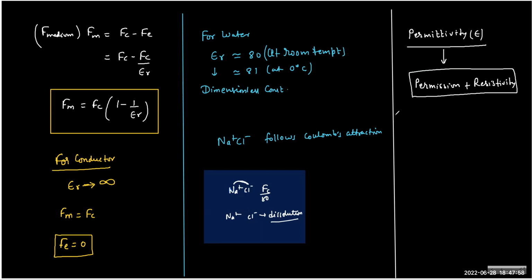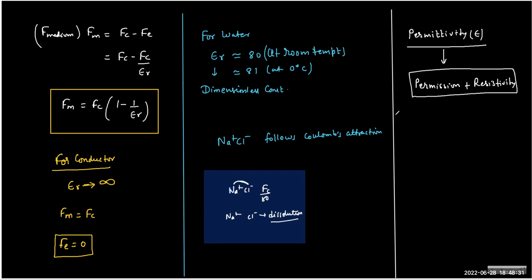Now we can say with simple logic that this interaction must be limited. Why? If the interaction is not limited, then the force must be infinite. But even Coulomb said that if we have two charges at some separation, the force has a limitation, some fixed value, K Q1 Q2 by R square. So if R is fixed, Q1 is fixed, Q2 is fixed, K is fixed anyway, the F is fixed. So a finite force says that they interact up to a certain limit.